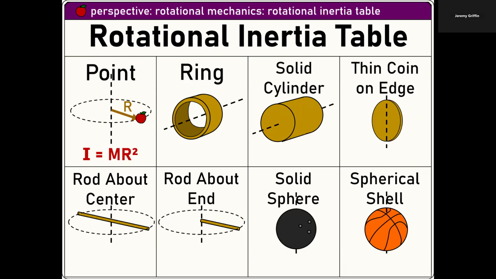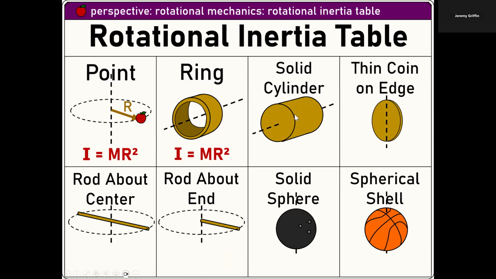Now guys, this table here, you wouldn't be expected to memorize. AP would give you some value, but I think it's good to know some of these anyway. You know a point mass is very simply mr squared. What about a ring rotating about its geometric center like that? Also mr squared, because every single point is distance r from the center. Now, what if you make it solid all the way through?